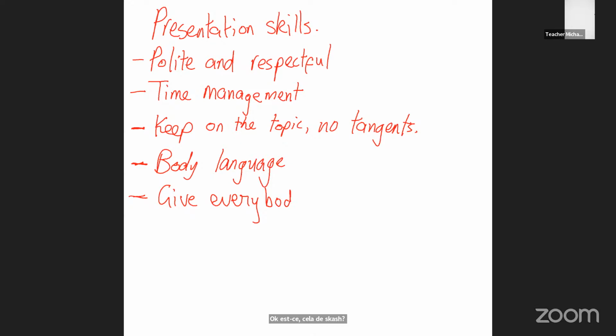Give everybody a chance to speak. Good. So that one comes back to being polite and respectful. We want to give everybody a chance to speak.